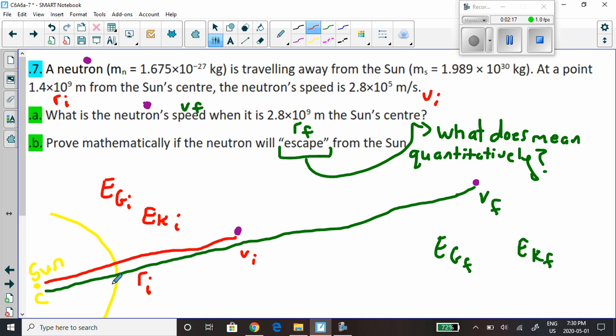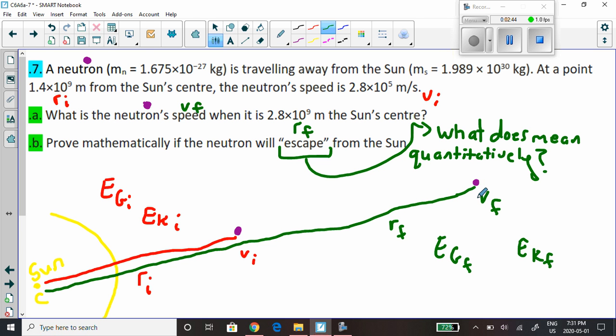So it's moving away from the sun, and at some point later in time, it gets to this spot right here. And this spot right here is a certain radius, RF, away from the sun. And we know how much that is. RF is 2.8 times 10 to the 9 meters. So when it's that far away from the center of the sun, right, it's a new distance from the center of the sun, what we want to calculate is its speed there.